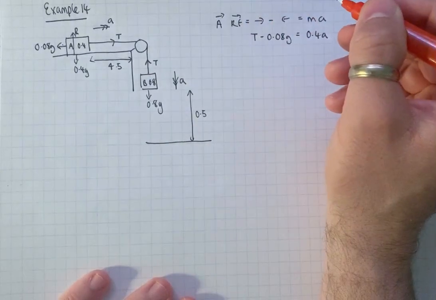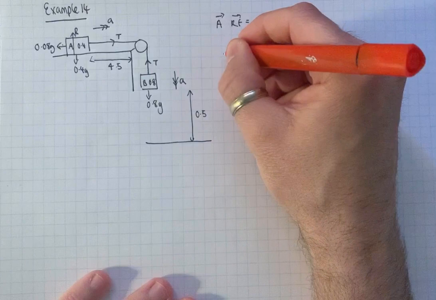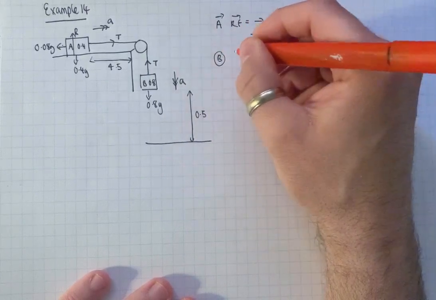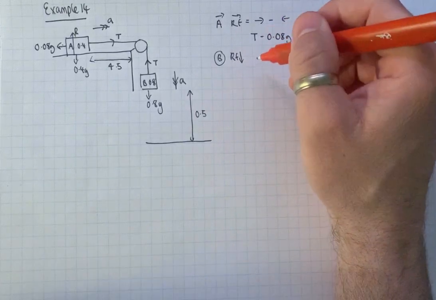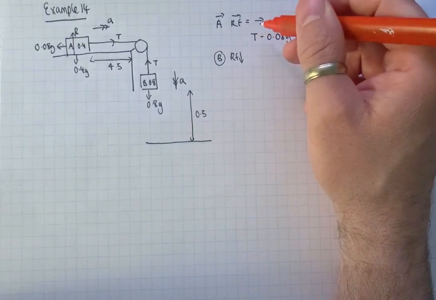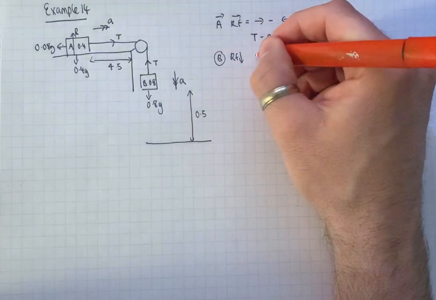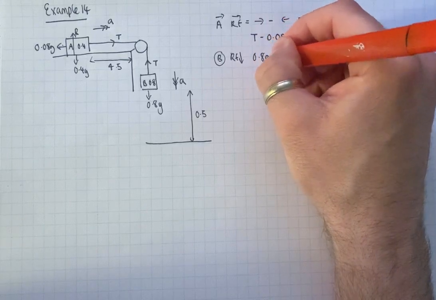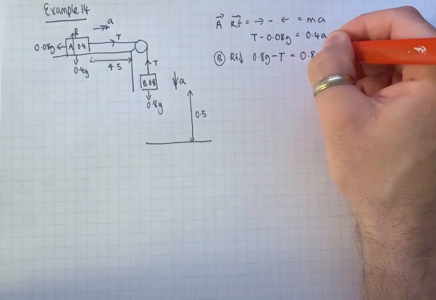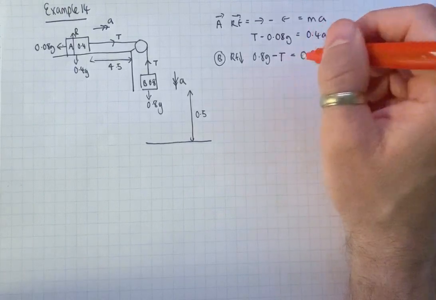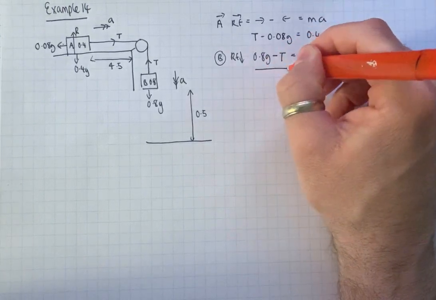And for B, this time we're going to have the resultant force coming downwards, and that's going to be all the forces down minus all the forces up equals ma. So down is 0.8g, up is T, equals 0.8a. In order to work out tension and acceleration, I simply add them together.